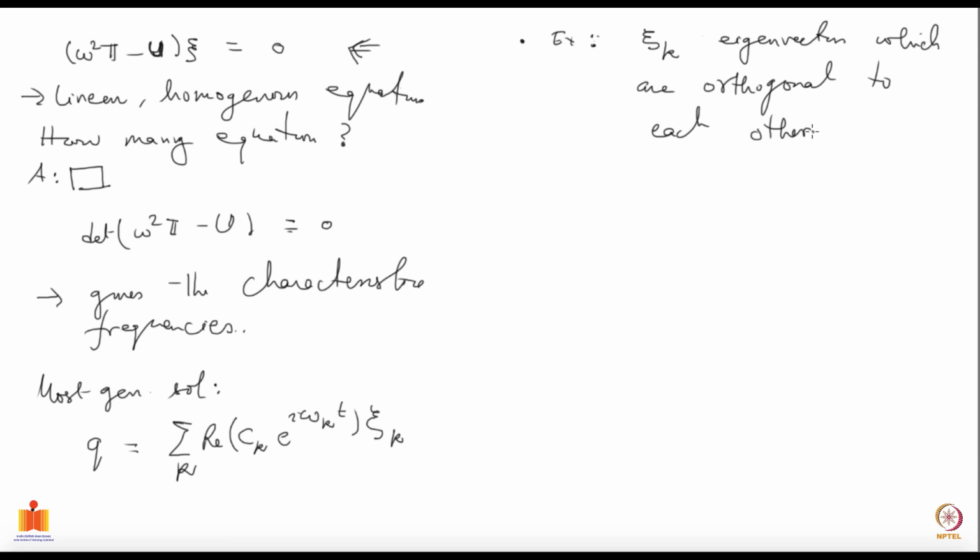You will be able to do this based on the discussions we have had in the last couple of hours, or you can also refer to a book like Goldstein. So we have written down the general solution, and we'll continue with more discussion on harmonic oscillations or small oscillations in the next video.